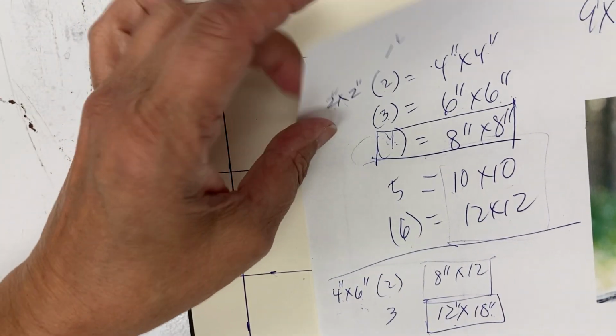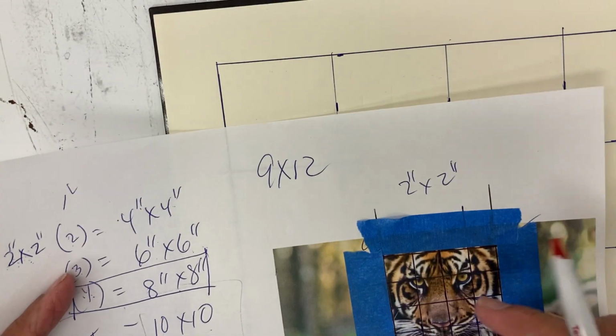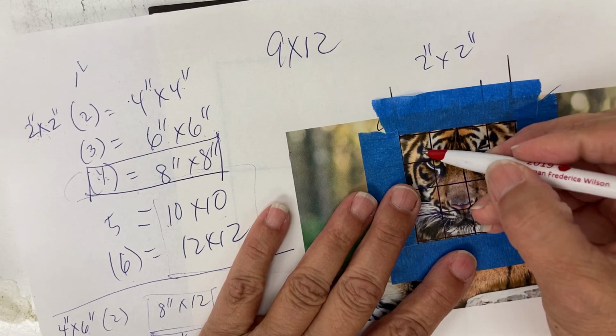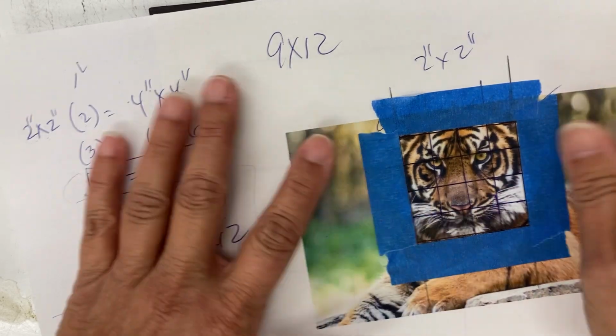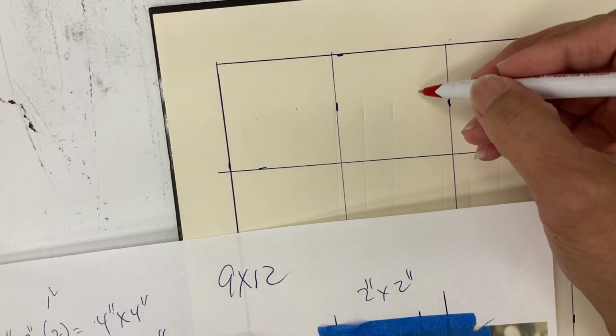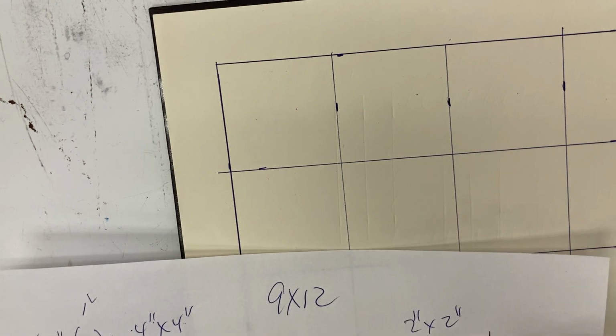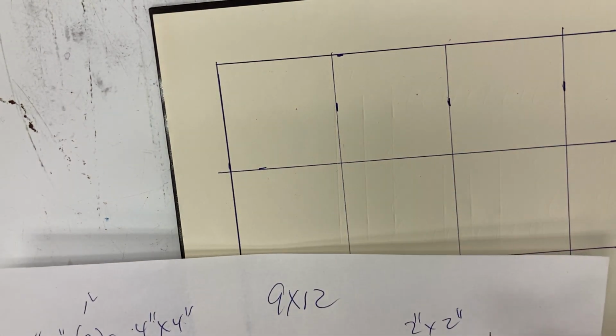Maybe you want to give it away as a gift to somebody. All right, so now what you're going to do, in each square, you're going to be putting this square here, this image here, this part here, and so on, and so on.